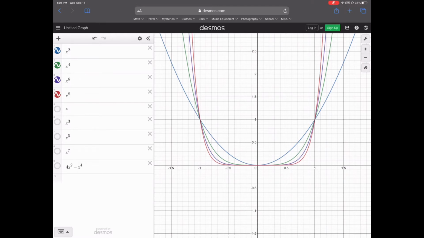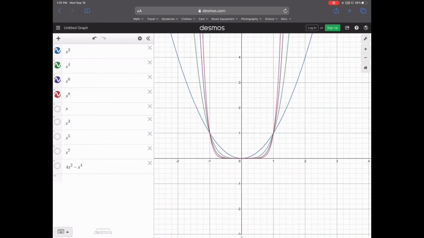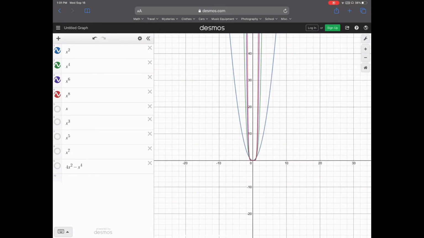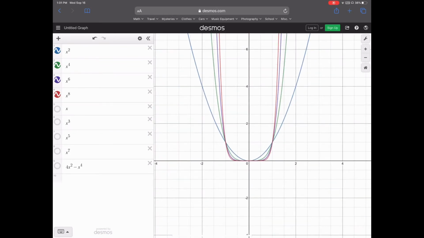The blue line is our x squared, and the larger the power gets, the general shape stays the same, but the graph shows this flattening in the center. If I zoom out pretty far, these all look similar, but they're not the same, though they have the same general shape. This is what we call a family of functions. Any x to an even power is going to share a similar shape like that.